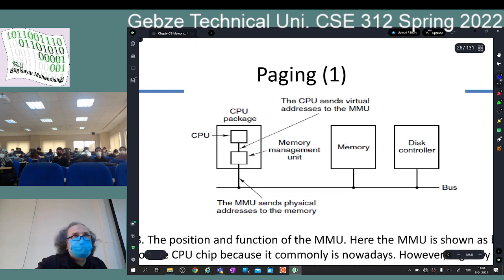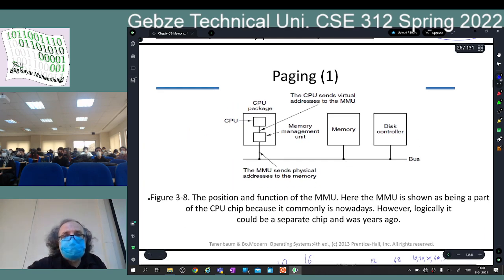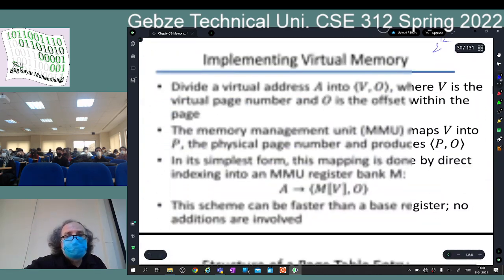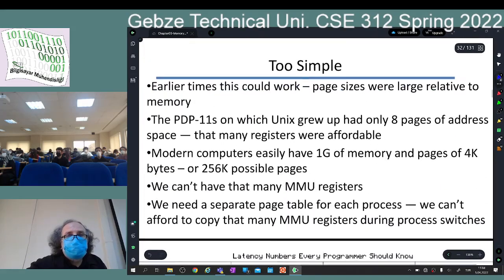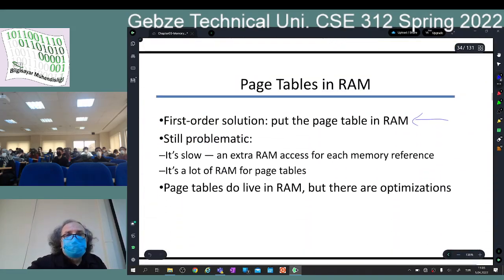And I showed you the data, right? Accessing memory is 100 nanoseconds. It is 100 times slower than accessing your registers. So that's not a good solution. Keeping your page tables in RAM is not a good solution.